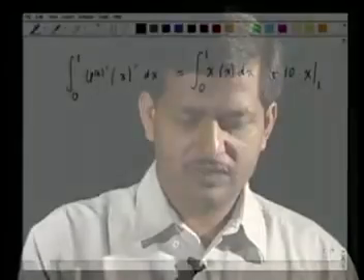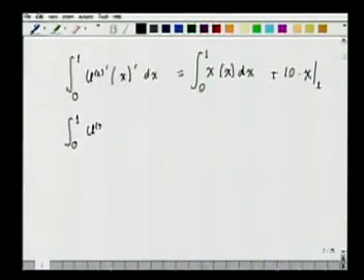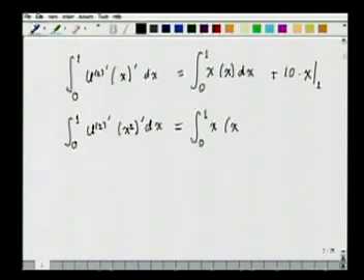This is the first equation we get, and the second equation is integral of u2 prime into (x squared) prime dx equal to integral 0 to 1 x into x squared dx plus 10 into x squared evaluated at 1. So out of these two equations, substituting for the representation for u2 prime, I'll get the solution to this problem.